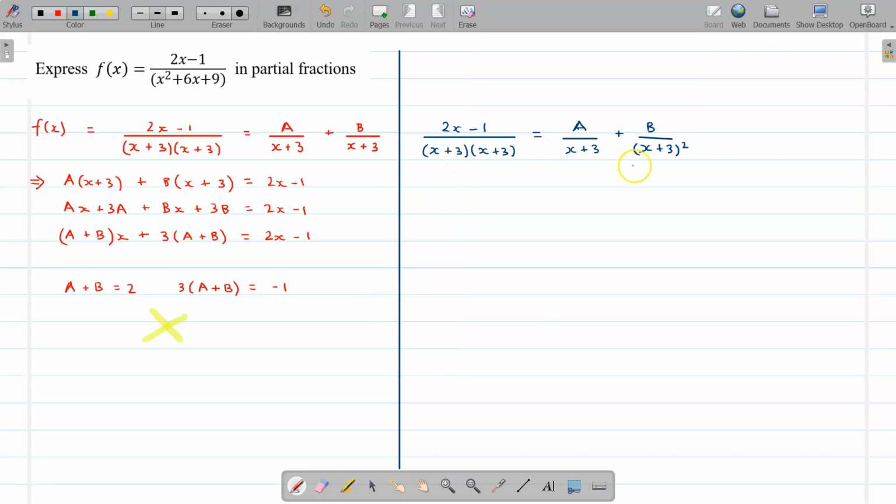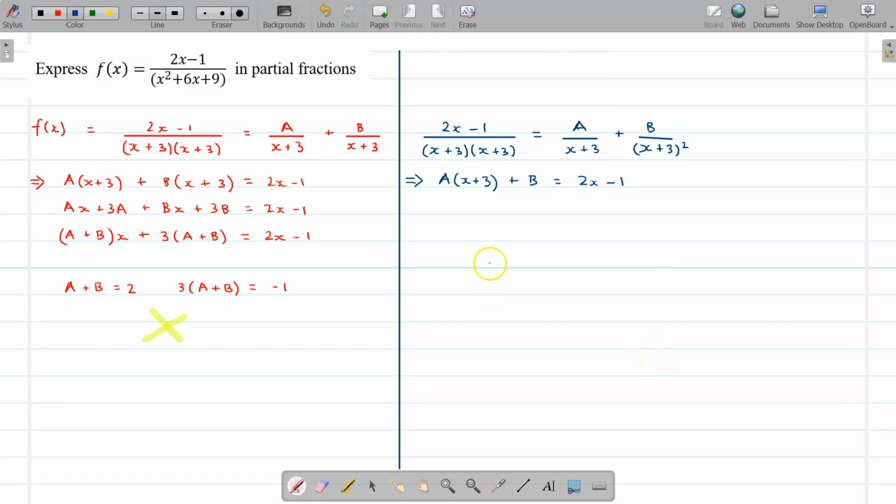It's there, and it also now appears here. So this time, when we come to process it, a would still need to be multiplied by x plus 3, because we would be putting x plus 3 over x plus 3 there, plus b, which is already over x plus 3 all squared, would equal 2x minus 1.